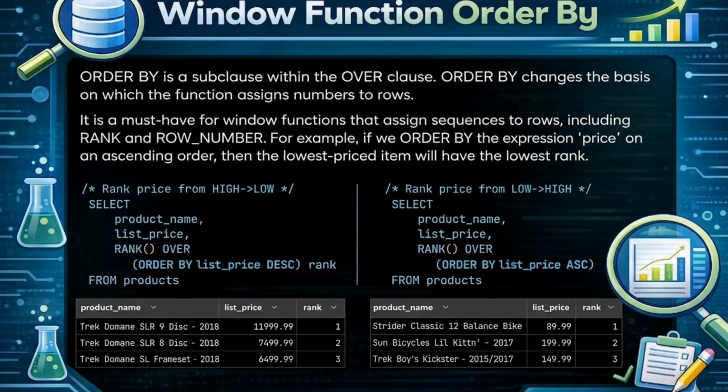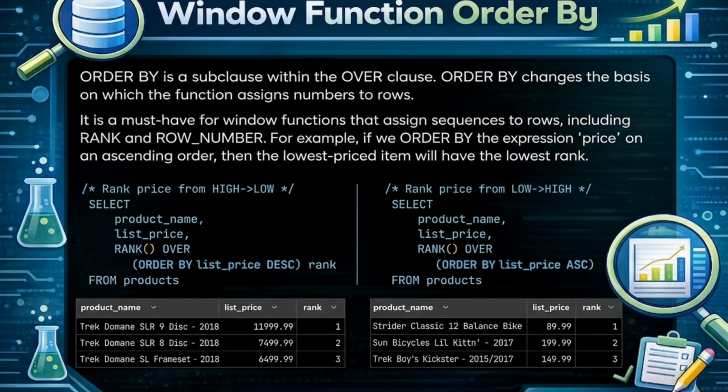Trek Domain SLR 8 Disc 2018, priced at $7,499.99, gets rank 2. Trek Domain SL Frameset 2018, priced at $6,499.99, gets rank 3.